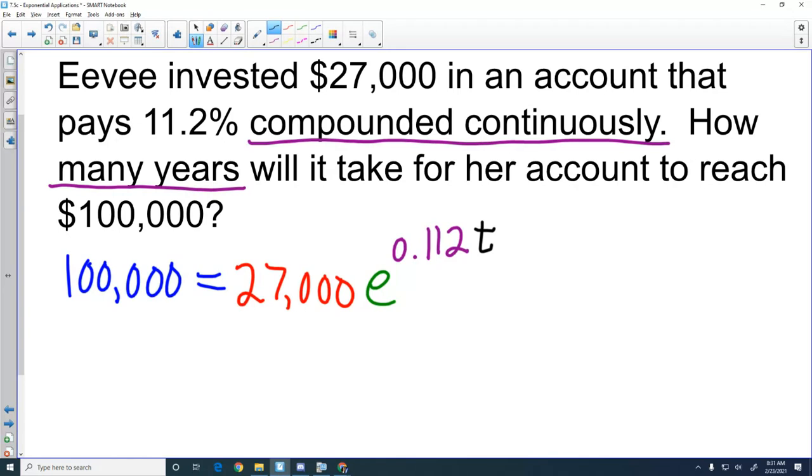Nice job. Yep, keep going. You forgot the 27,000, the starting amount.